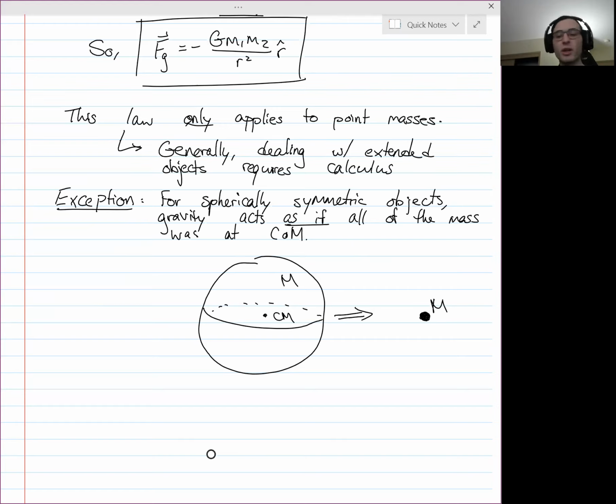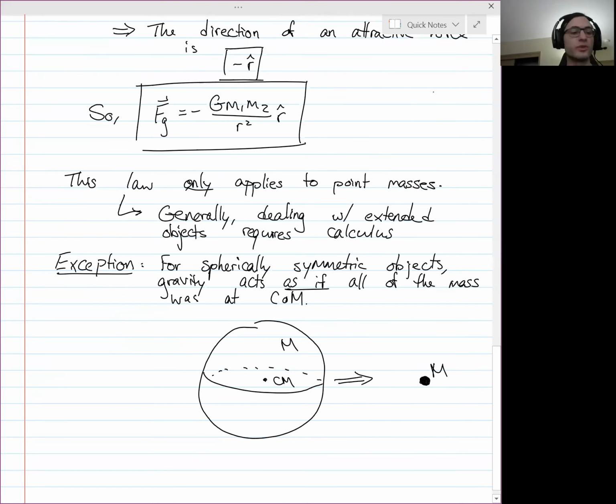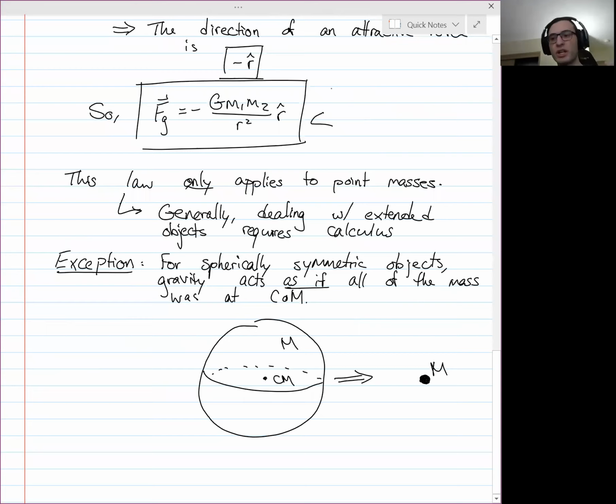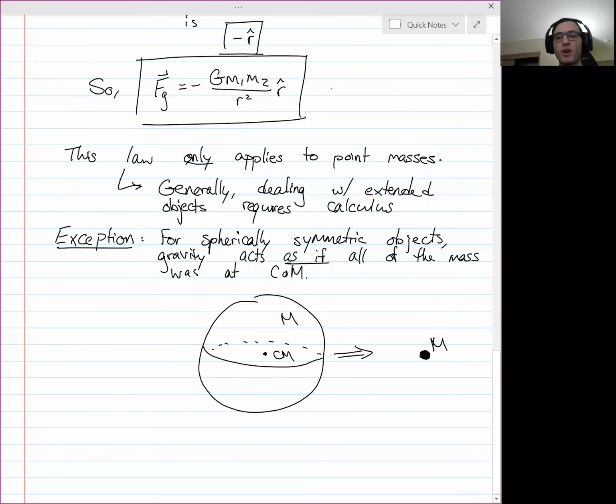And so we can still apply this formula to those things. I.e. we just treat the object as if all of its mass were concentrated at its center of mass. And so this value of r would be the distance between the center of masses of those objects.